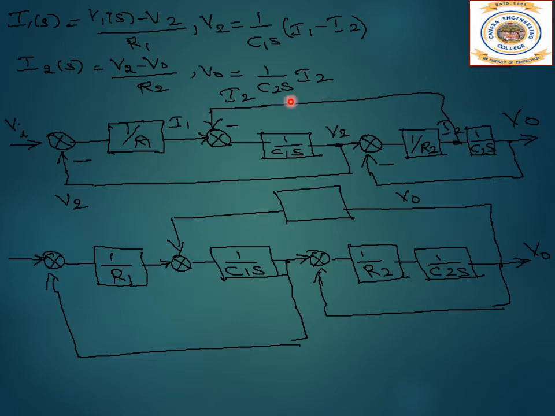Okay, this is what we have. Now let us come to this after shifting. So again 1 by C1s, which is there previously. Here also 1 by R2 was there previously. 1 by C2s. Now this is something extra, right? Originally we did not have it, but after shifting we are getting this 1 by C2s block.